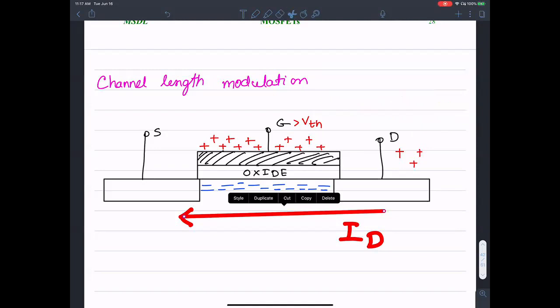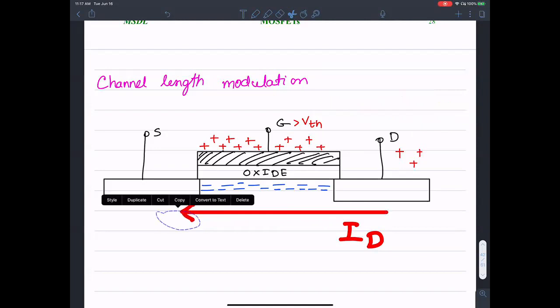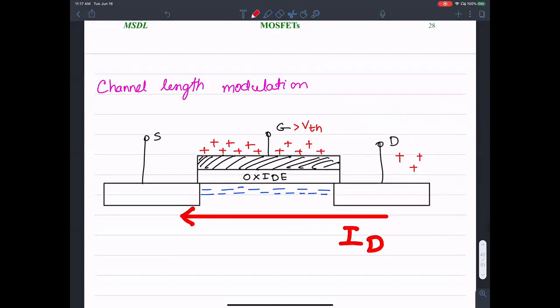We can still set up some amount of drain current by having a positive voltage on the drain that is higher than the source. If the source is negative in relationship to the drain, then electrons begin to flow from the source to the drain, and we can have a current in the opposite direction, correct?